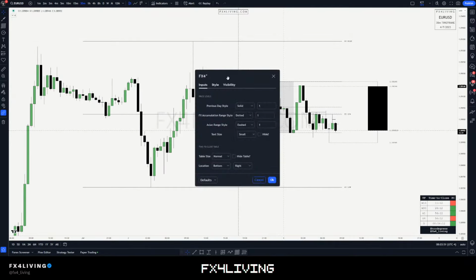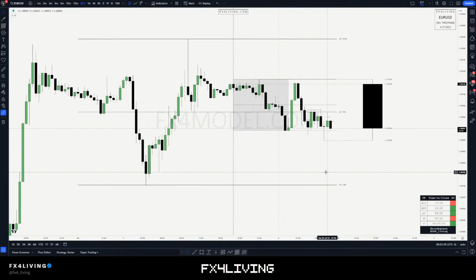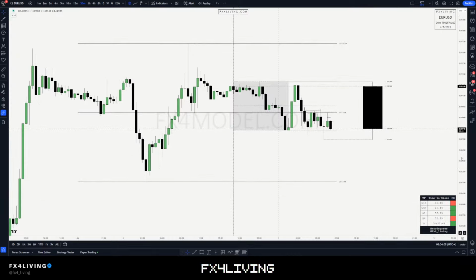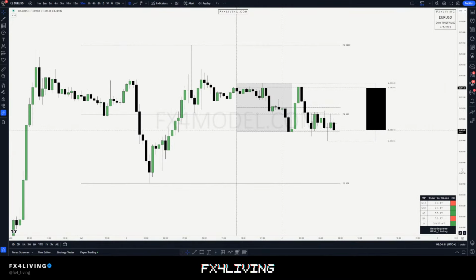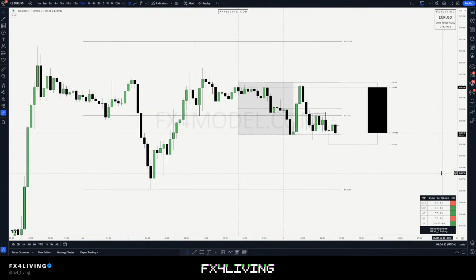So yeah, this FX4 model is gonna be released tomorrow for free for everybody. So you can use that, and you can do what you want with it. I think it's a powerful tool. I've made it. I mean, yeah, I've got some nice returns with that stuff.